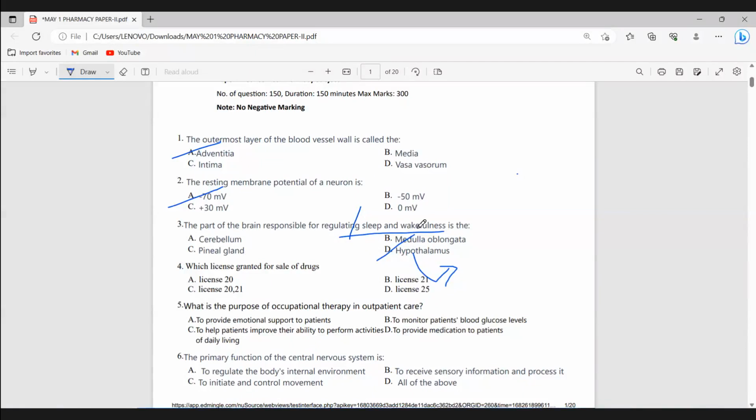But it is not correct that the pineal gland takes the entire responsibility. The pineal gland plays an important role only up to 50%. Without the suprachiasmatic nucleus, we can't maintain our sleep and wakefulness. The suprachiasmatic nucleus plays the crucial role.